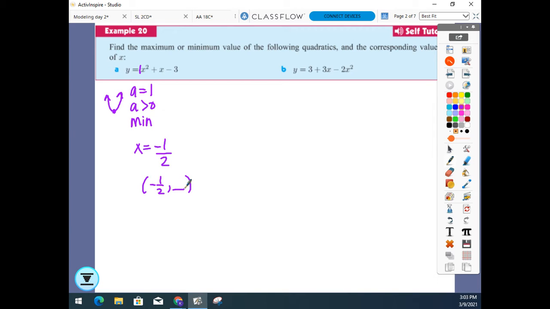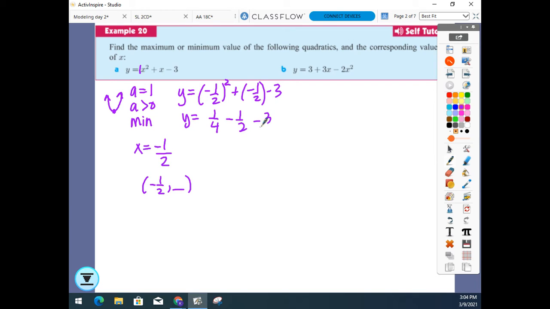We just need to find the y coordinate. So we're going to plug this back in. So we have -1/2 squared plus -1/2 minus 3. So 1/4 minus 1/2 minus 3.